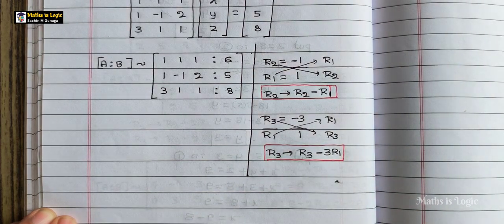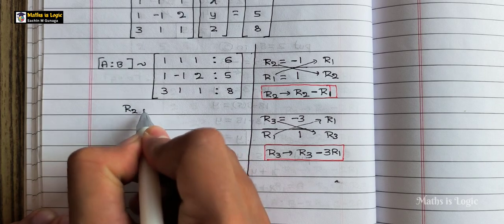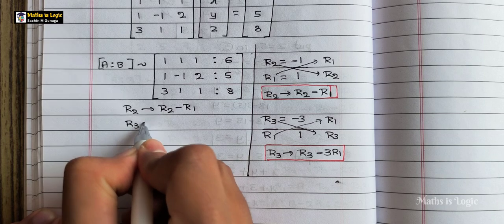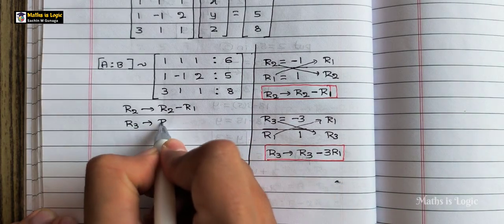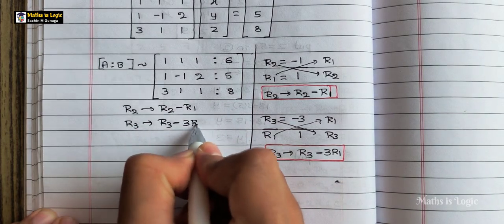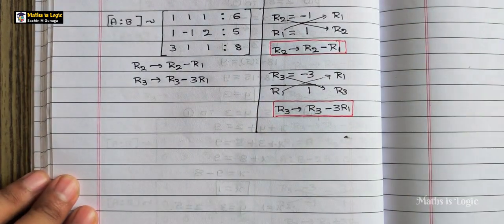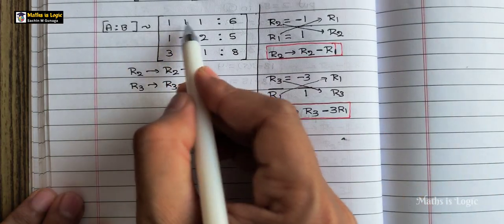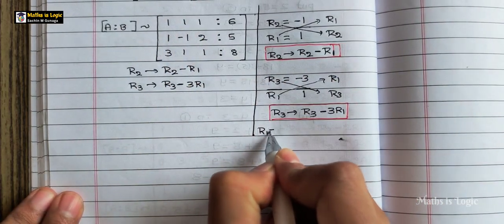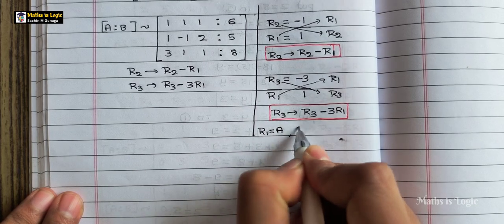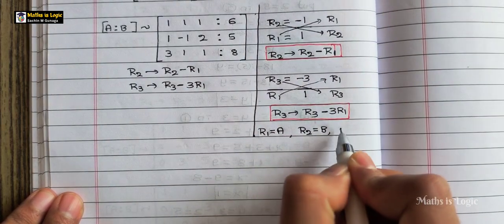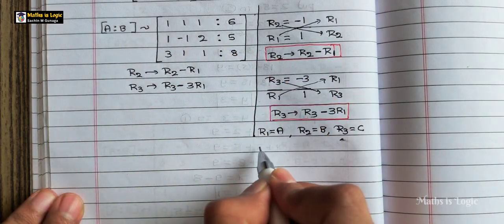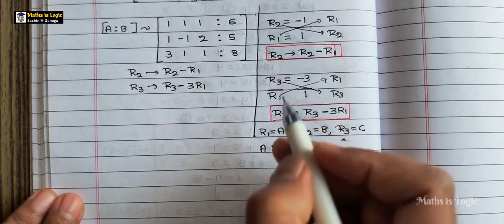Correct? Therefore write R2 changes to R2 minus R1. Next R3 changes to R3 minus 3R1. Therefore we are not changing the first row. Therefore R1 I am going to consider as A, R2 I am going to consider as B, and R3 I am going to consider as C. Therefore R1 we are not changing, so write A colon.